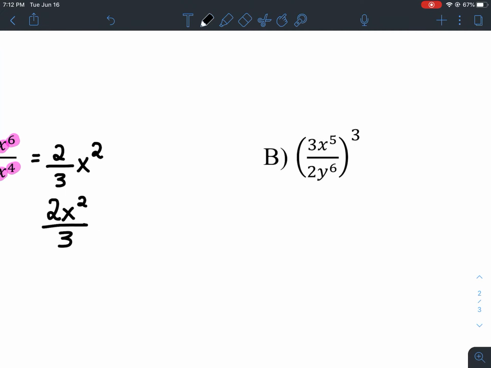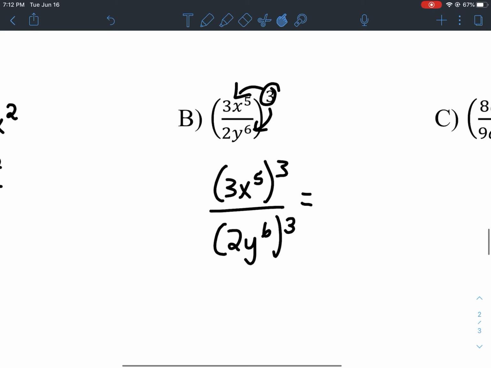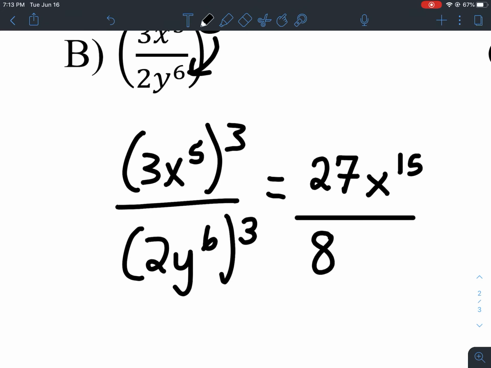Okay, our next one here, we have to make sure we're applying the power to both the numerator and the denominator. So we have 3x to the 5th being raised to the 3rd, and we also have 2y to the 6th being raised to the 3rd. So we have 3 to the 3rd power is 27, 5 times 3 is 15. 2 to the 3rd in the denominator is 8.